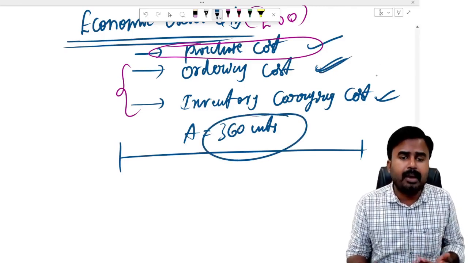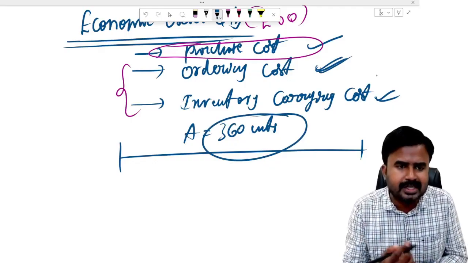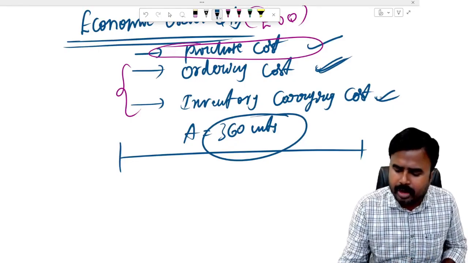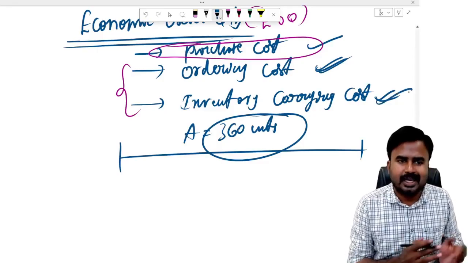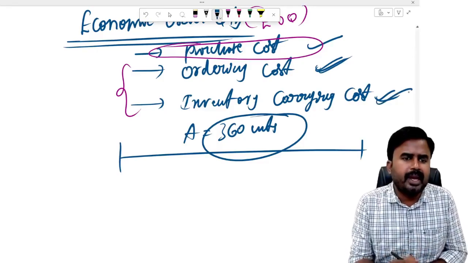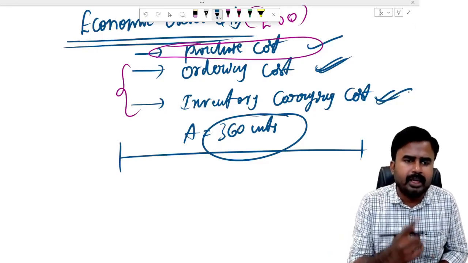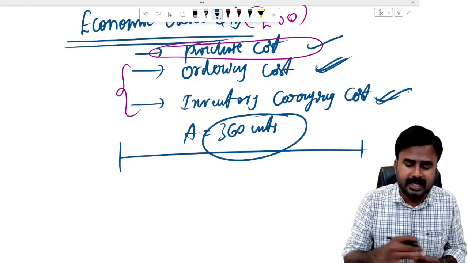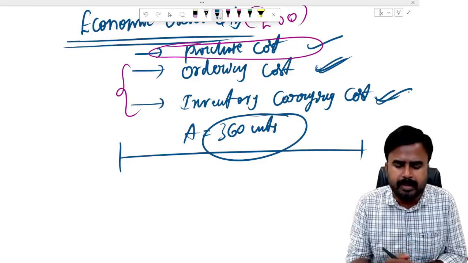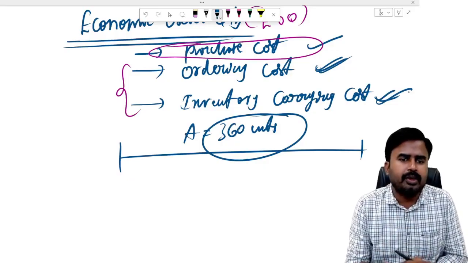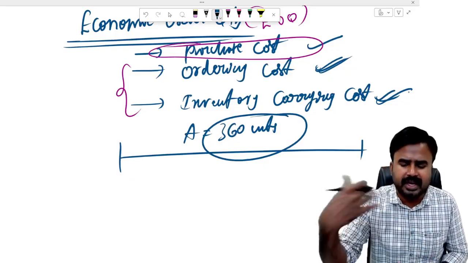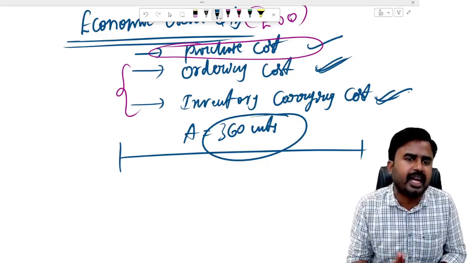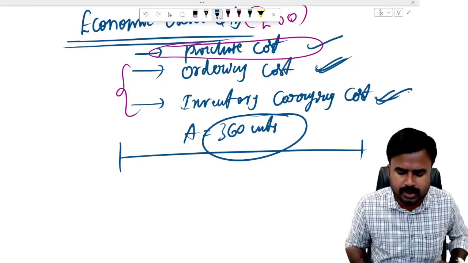But as I'm buying a larger quantity in a single order, I'll incur huge inventory carrying costs unnecessarily. So you should not buy the entire annual requirement in one ordering quantity. You should fix the ordering quantity in such a way that the total cost should be minimum. A single large ordering quantity will increase your inventory carrying cost, but it may reduce your ordering cost.